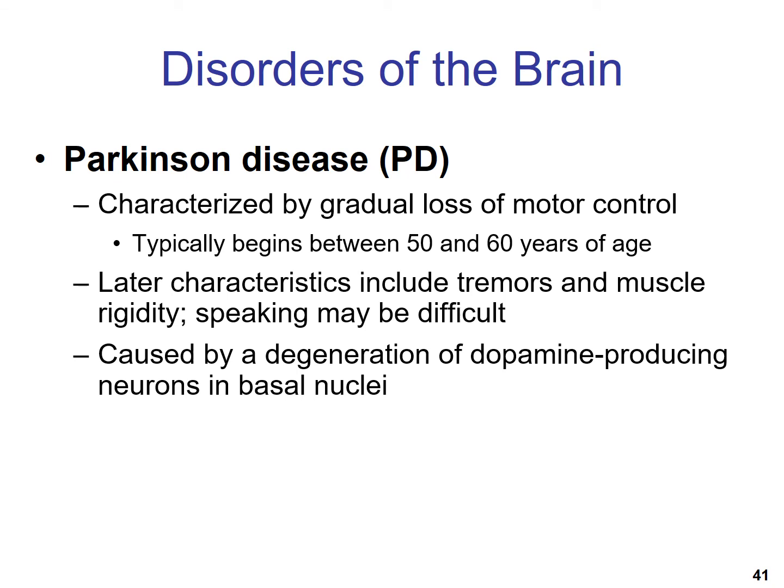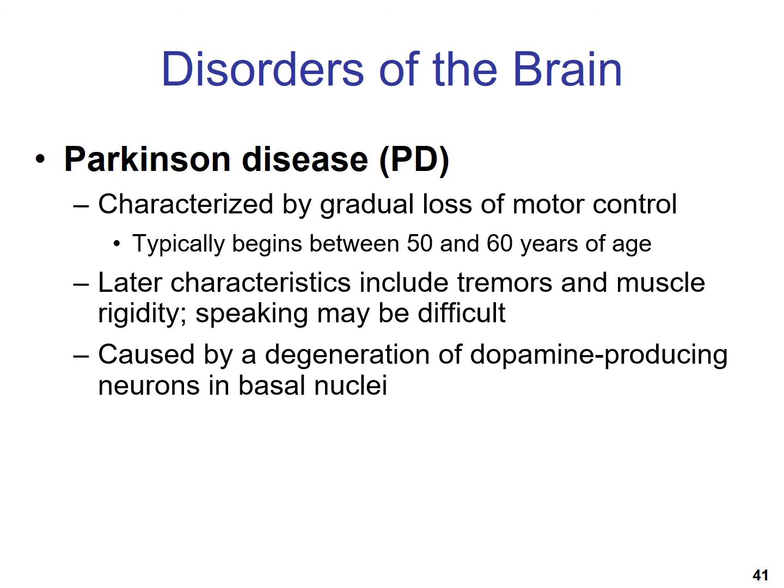You remember that a ganglion was a collection of cell bodies in the peripheral nervous system. A nucleus is a collection of cell bodies in the central nervous system. So basal nuclei means this is a cluster of cell bodies found in the brainstem, or sort of the base of the brain.